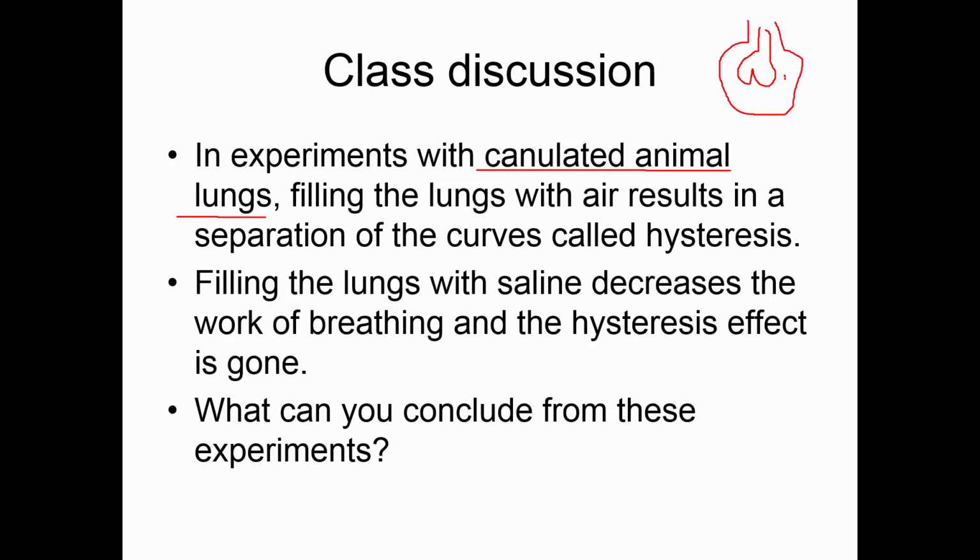We know the pressure here, and here, and here, and you can inflate the lungs and get pressure-volume curves. So when you do this experiment with air, you get a curve that looks like this.